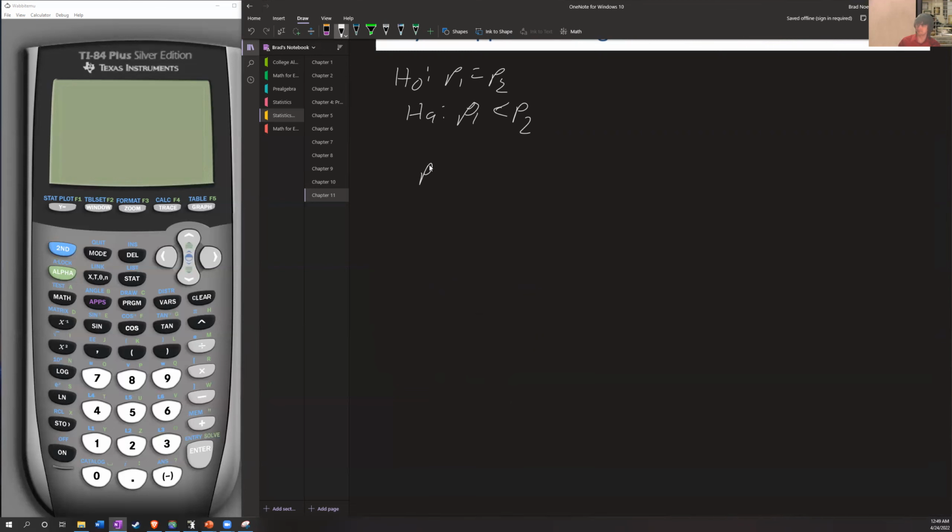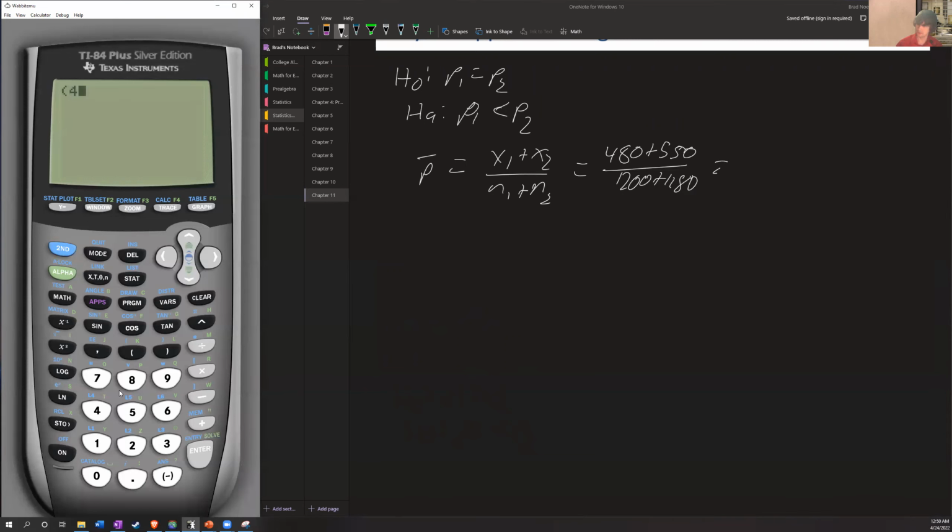Let's start with p bar. It's going to be x1 plus x2 over n1 plus n2, where these are going to be our successes in our population over our sample size. This is 480 plus 550 over 1,200 plus 1,180.